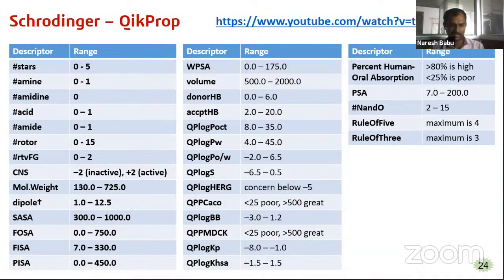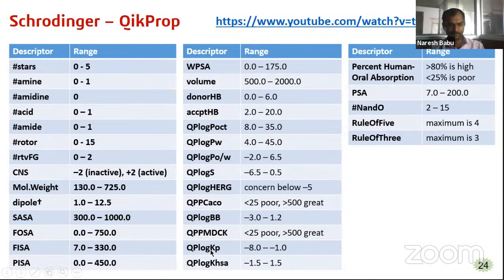MDCK is Madin-Darby canine kidney cells. These are taken from model mammalian cells, and these cells are used in a variety of cell biology studies, including cell polarity, cell-cell adhesion, cell motility, and different growth factors are also considered in these MDCK cells.